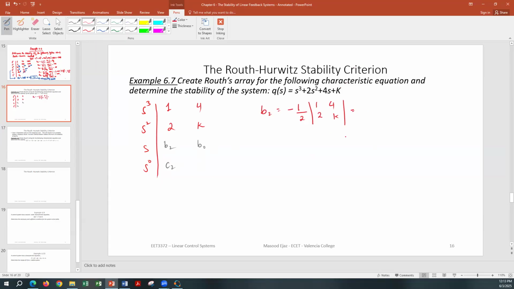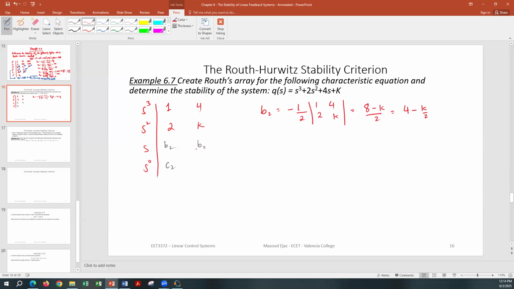Which will give us K minus 8 over -2. So 8 minus K over 2, or 4 minus K over 2. Oh, we can just keep 8 minus K over 2. That's okay. So that's our B2. And B0 is going to be 0 because you don't have any column over here.